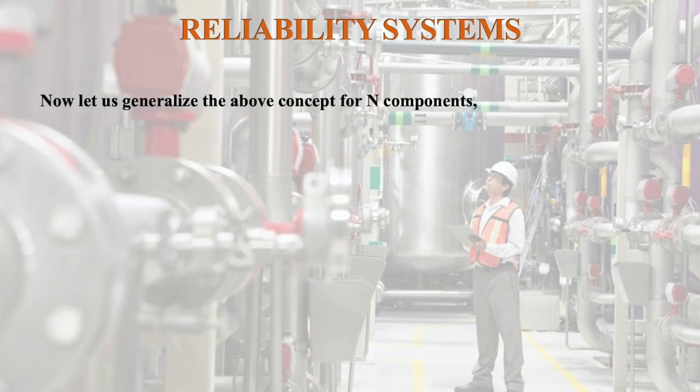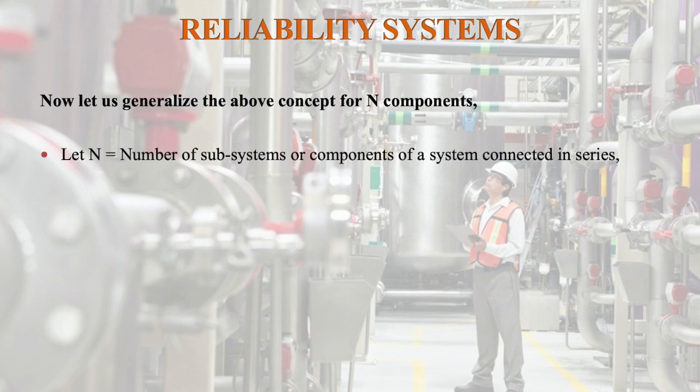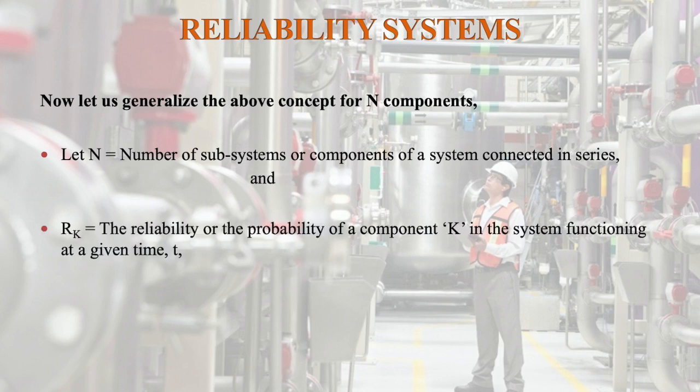So now let us generalize the above concept for n components, because a system consists of a number of components. So now we are calculating for n components. Let n be the number of subsystems or components of a system connected in series, and Rk the reliability or the probability of a component k in the system functioning at a given time t.